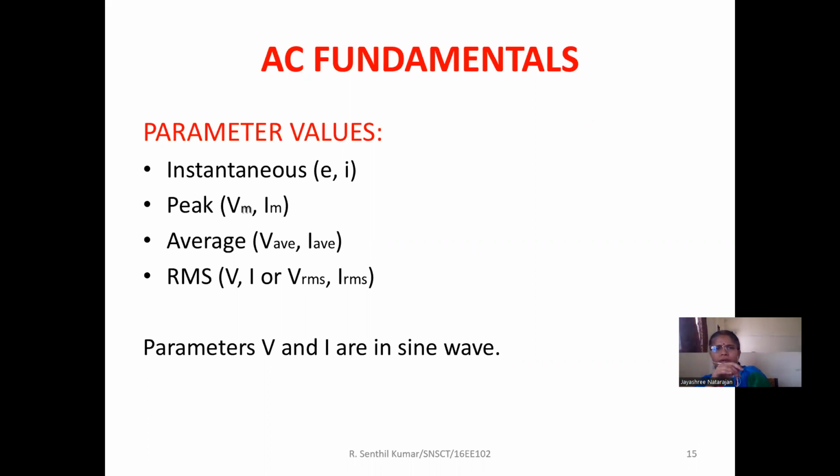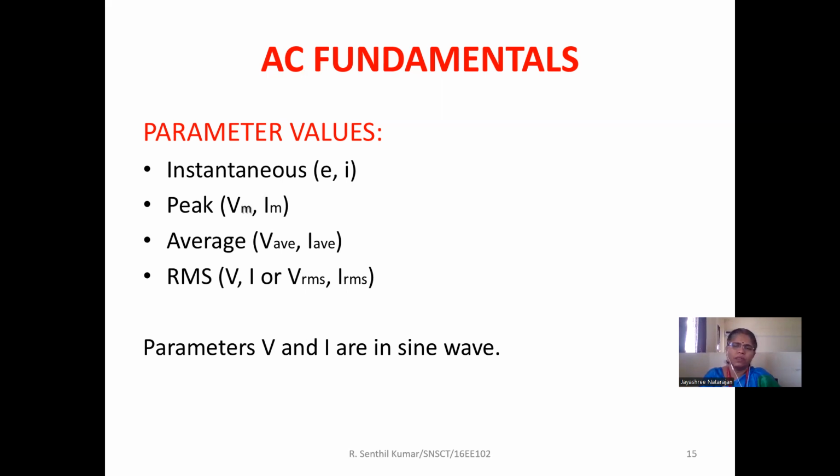Today we discuss some of the parameters in an AC waveform. AC, we all know, is alternating current, that is, both the voltage and current change from positive polarity to negative polarity.